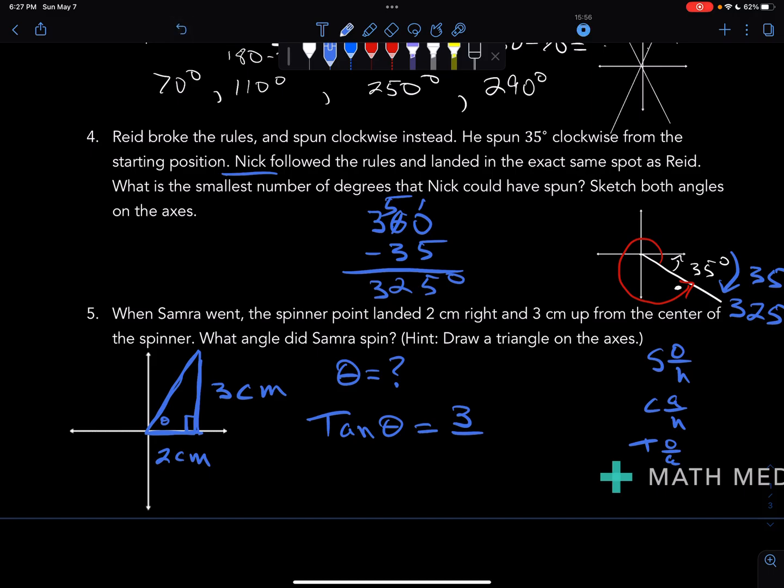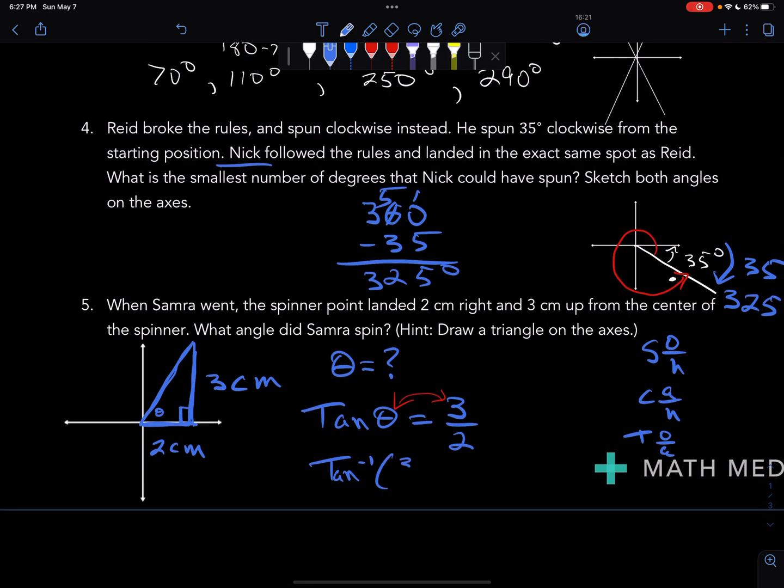The only way to switch places with theta and this fraction is to do the inverse of tangent. The only way to switch between theta and the fraction is to do inverse tangent. So you may or may not remember, you write tan negative 1 of 3/2, and then that will get us theta.